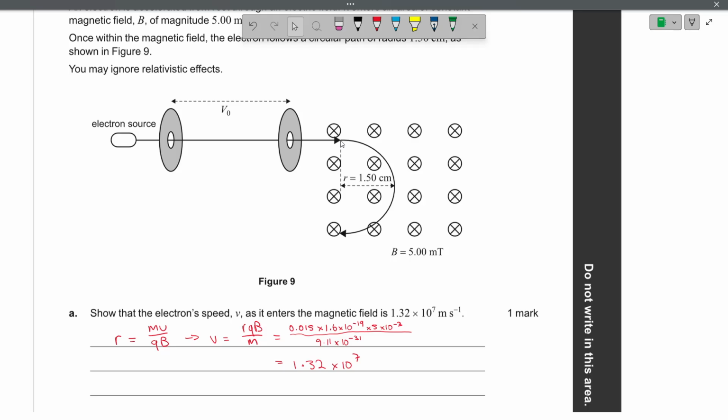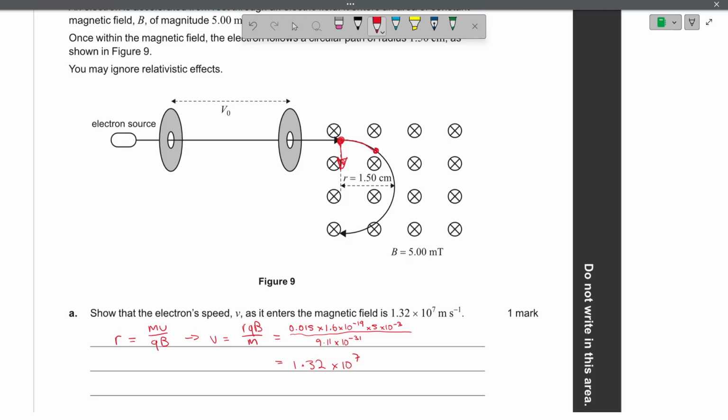Your fingers are the field lines, going into the page, as indicated by the crosses. So stick your left hand in front of you, fingers pointing away from you. Your thumb is the direction of motion of the electron, pointing to the right, and your palm should be pointing down. So the force on the electron at this point is down. That's going to cause it to curve.